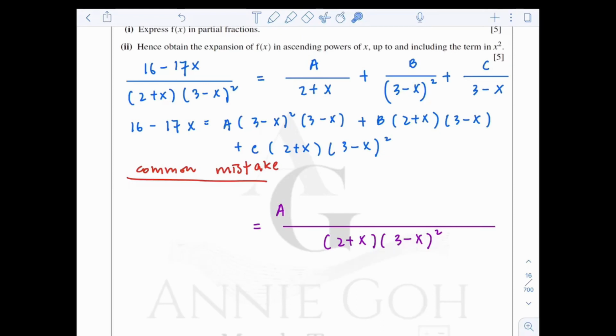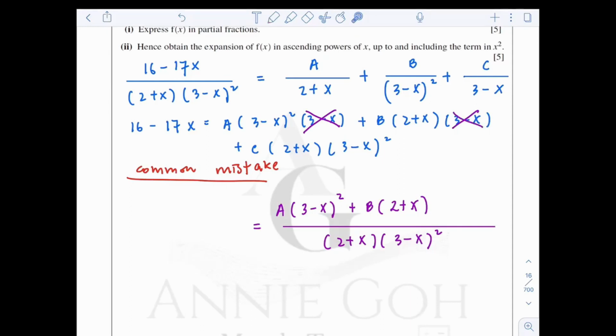So after you combine, it's just left with the 3 minus x squared, which means A we just need to multiply with 3 minus x squared only, without the extra 3 minus x. For the B, look at the fraction B over 3 minus x squared. If you compare with what we want, you're just left with the 2 plus x factor, which means B just needs to multiply with 2 plus x. So this is the extra one.